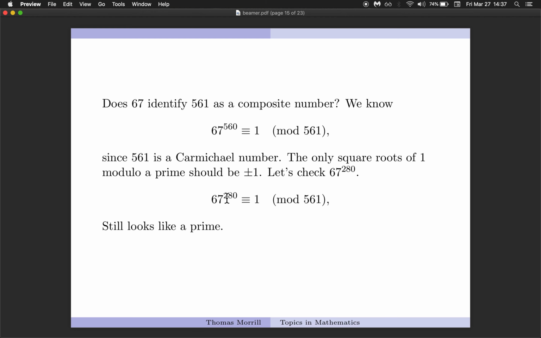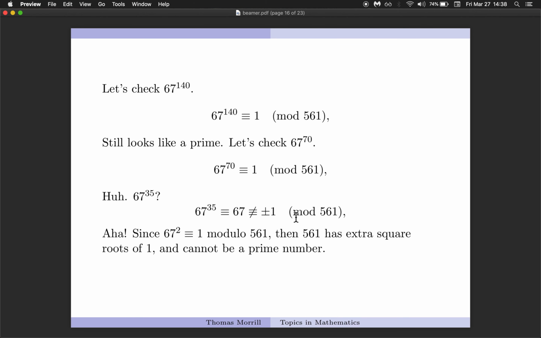Maybe, though, I can continue to divide this exponent because this exponent is still even. I started down this rabbit hole of square roots because I noticed my exponents were even. Let's divide out another 2 and see what we get. So that would mean let's check 67 to the power 140. And yep, 67 to the power 140 is still 1 mod 561. Still looks like a prime.